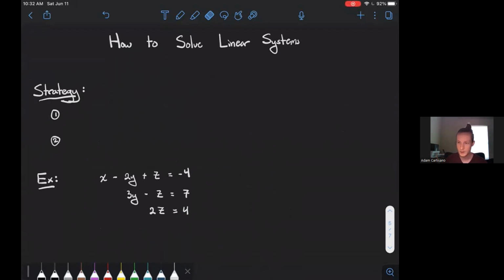So the strategy is two parts. First, we're going to find an equivalent system that's easier to solve.